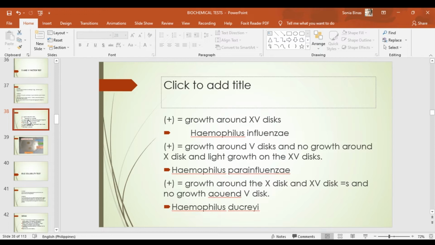But for the negative result, growth over the entire surface of the agar indicates no requirement for X and V factor.